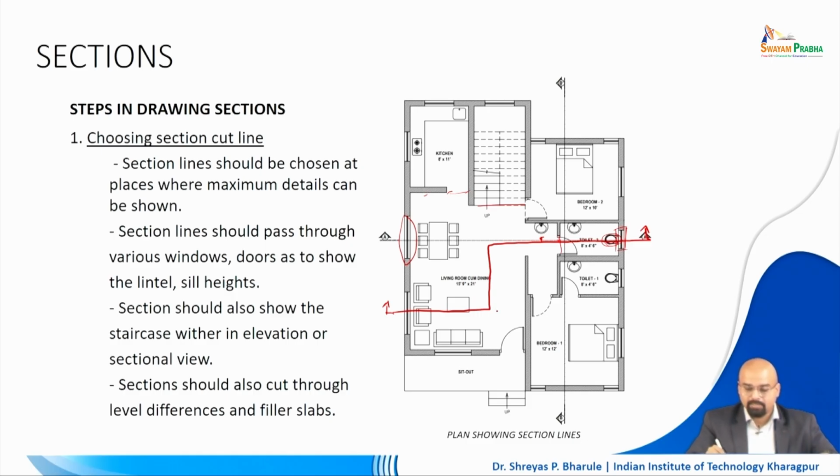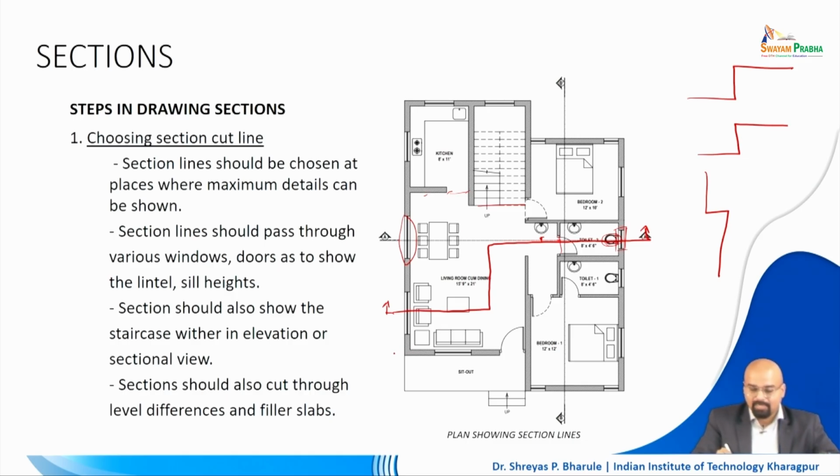The only thing is that the way a section line moves should always be perpendicular, so it needs to be orthogonal all the time. It can be this way or this way or whichever way you want, but it has to be orthogonal and it needs to pass sensibly through different places. It should not be repeatedly cutting or passing through the same room, and it should not pass directly within a wall.